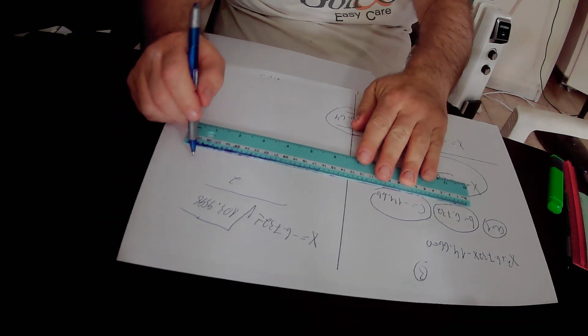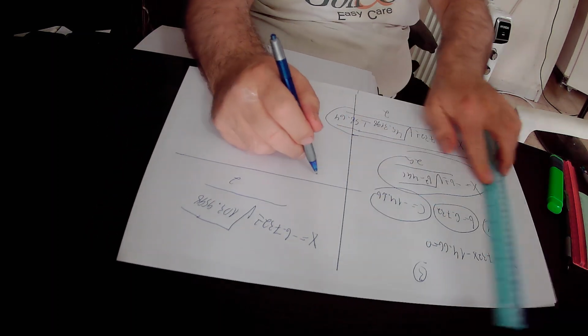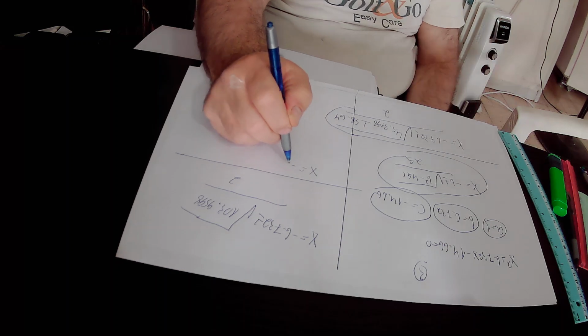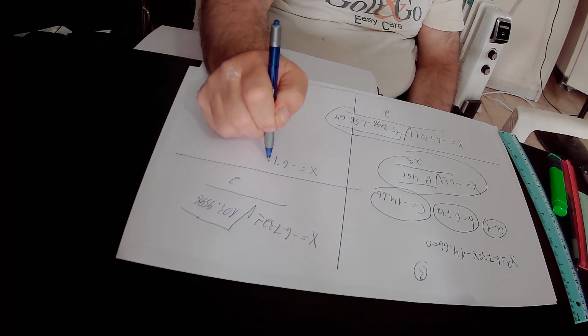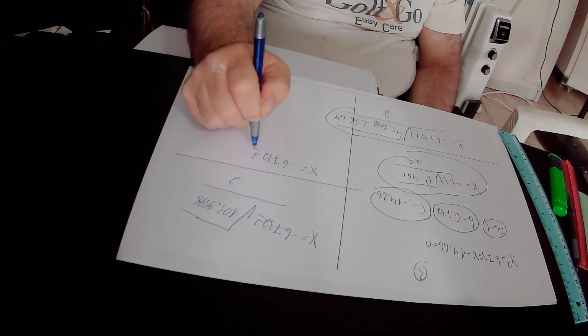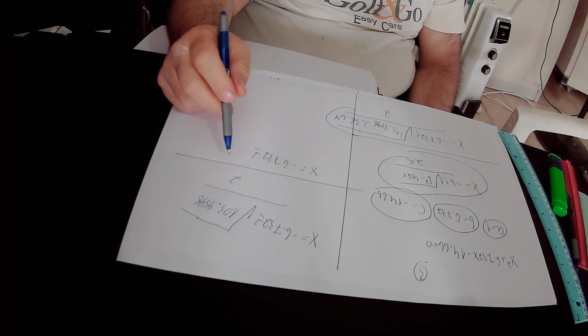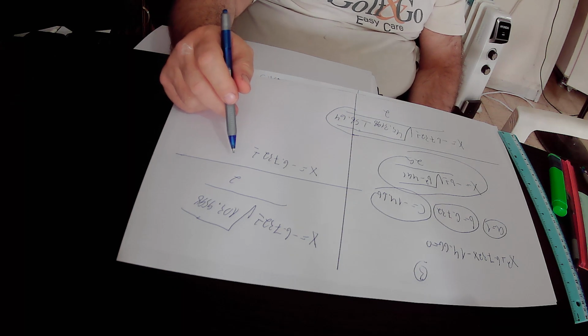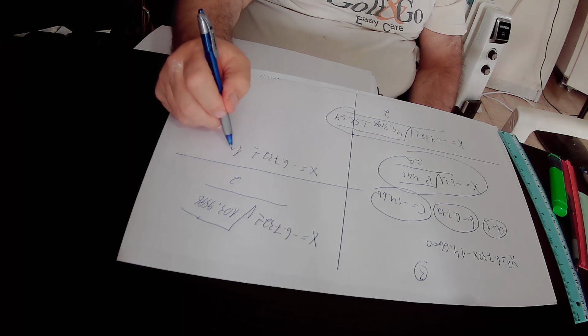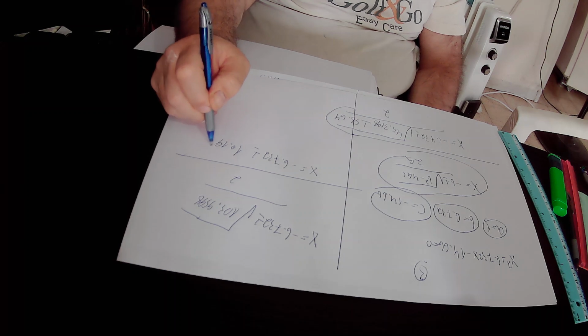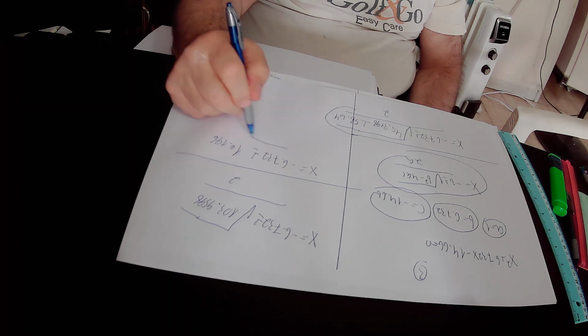So x equals to minus 6.732 plus minus the square root of 103.9598, which is equals to 10.196, all divided by 2.